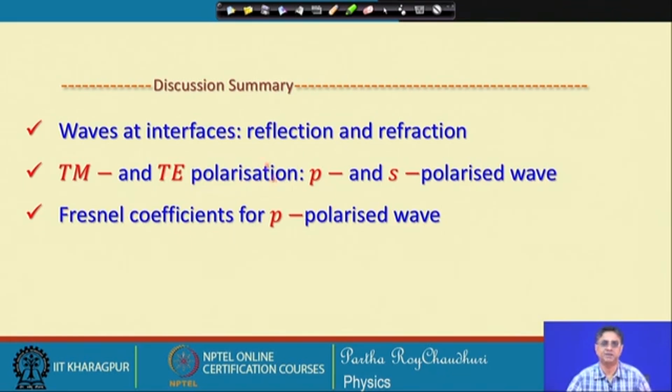So, to summarize the discussion, we have seen the waves at interfaces, particularly the reflection and refraction. We have also seen both the configurations, that is TM and TE polarizations, how the electric and magnetic fields will be oriented with respect to the structural geometry, that is the interface plane and the incidence plane, and we called this TM polarized wave the P polarized wave, and this TE polarized wave the S polarized wave.